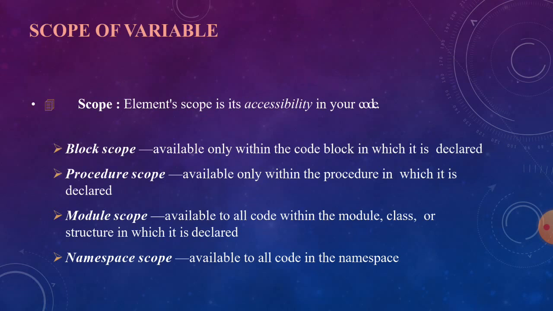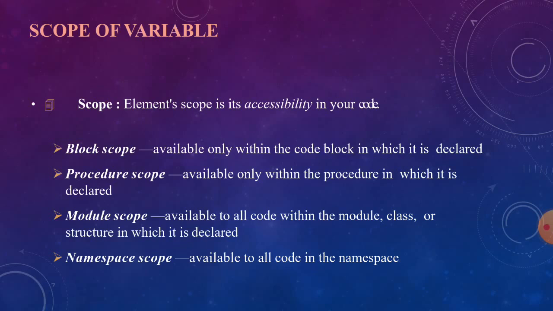This block scope is available only within the code block in which it is declared. If you have declared a variable in a code block, then it is only in block scope. It will be live only in that particular block.